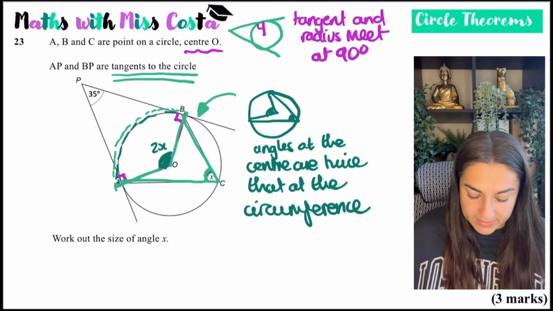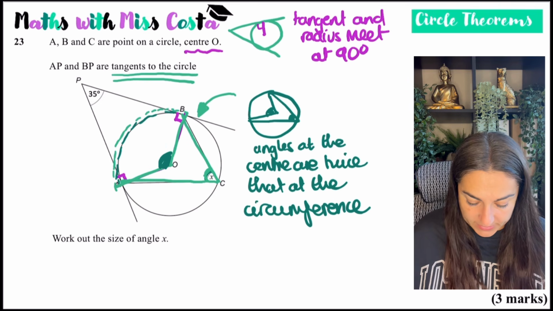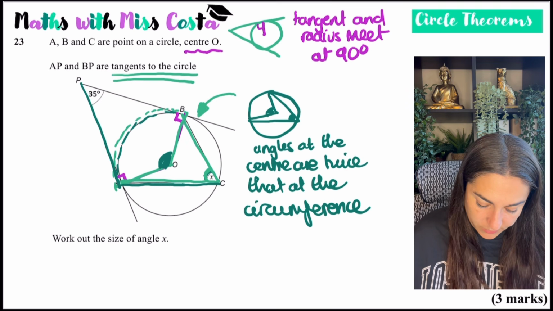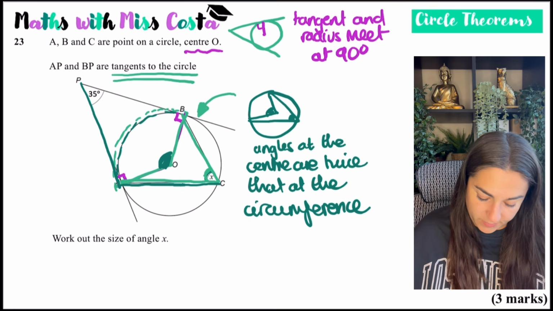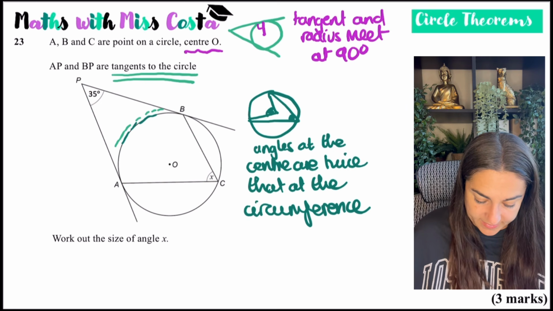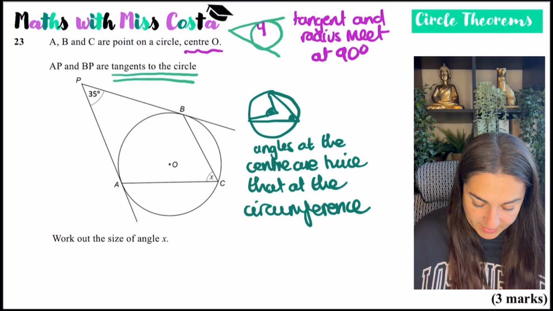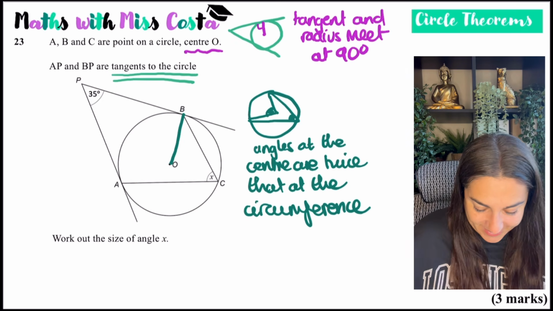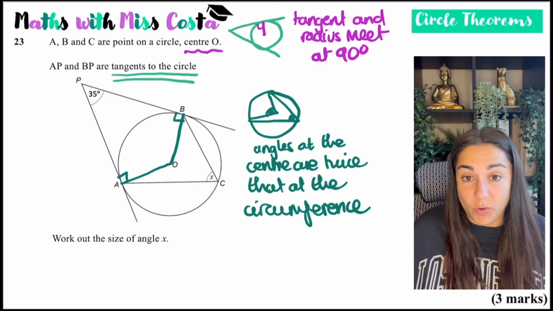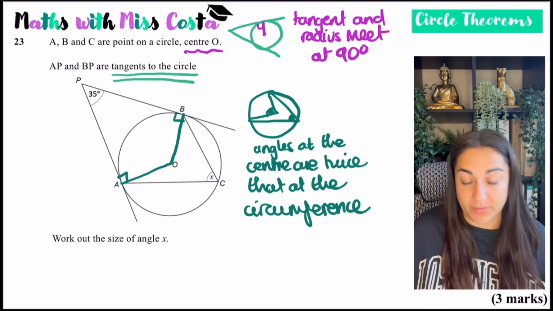So first of all, let's work out what this angle here must be. This is a quadrilateral. That is also a quadrilateral, but I've just made this a little bit complicated. So let's just do the basics. So radius, 90 degrees, 90 degrees. So you've got a quadrilateral, angles in a quadrilateral sum to 360.